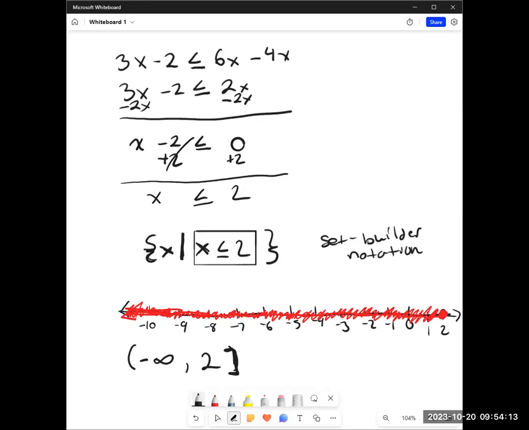So this is called interval notation. It's important to be able to express your answers to these inequalities in both set builder notation and interval notation, and to be able to graph that interval on a number line with a solution set.